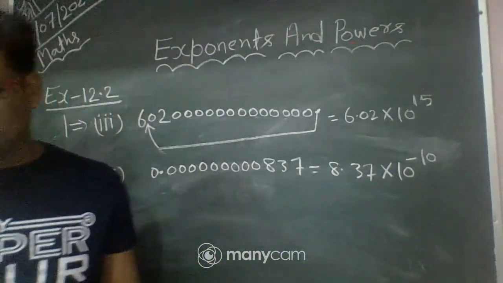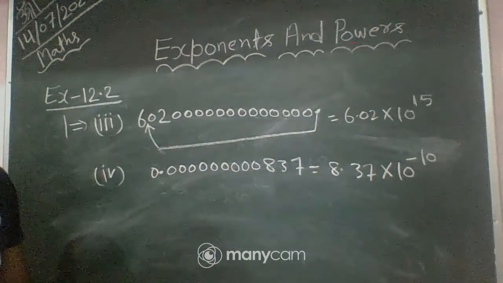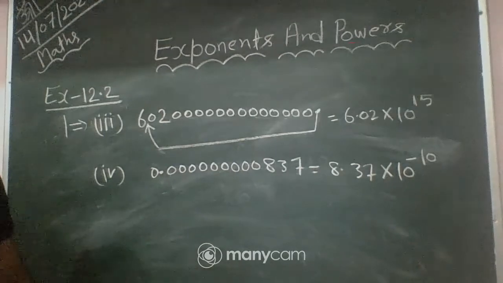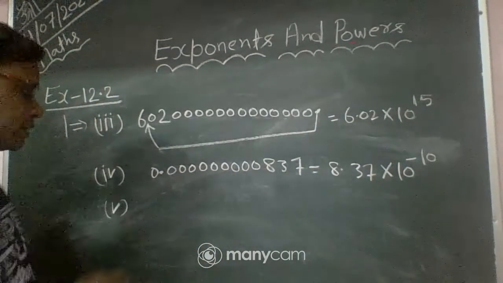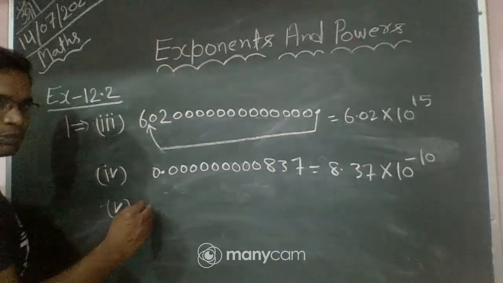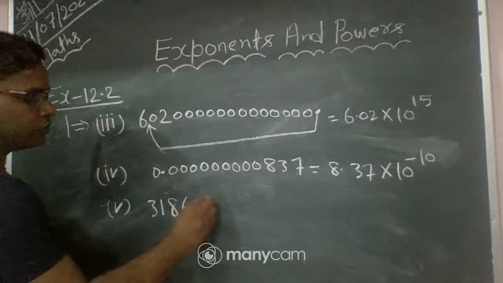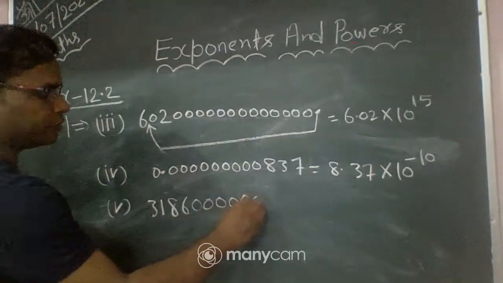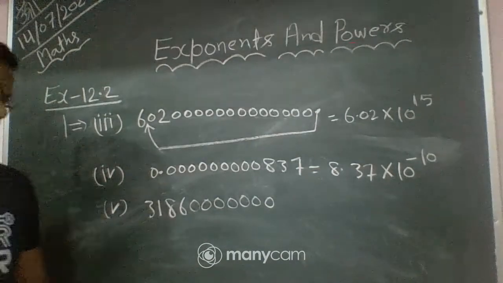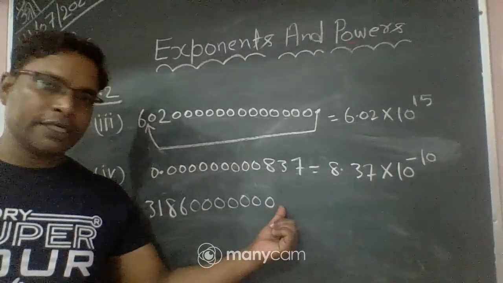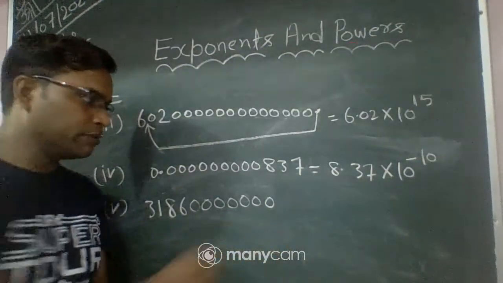Clear? Fifth part of this question is this. This is the fifth part of question number 1. We need to convert it into standard form. The decimal is at the last, so here is the decimal, we suppose.